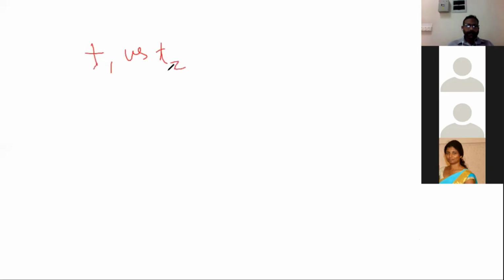This is a pooled t-test. If you have only two treatments, let's say T1 and T2, then we will go for T1 versus T2.